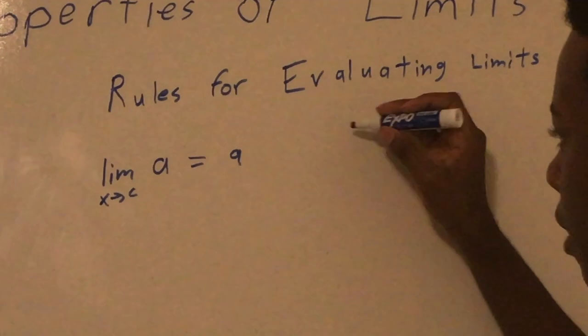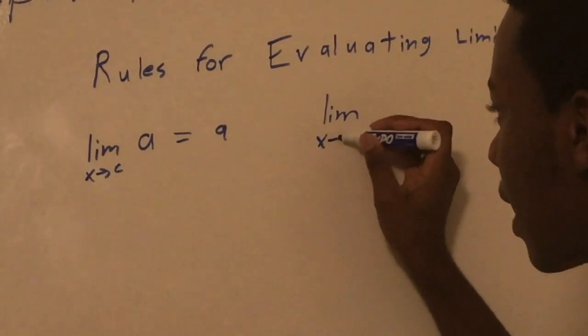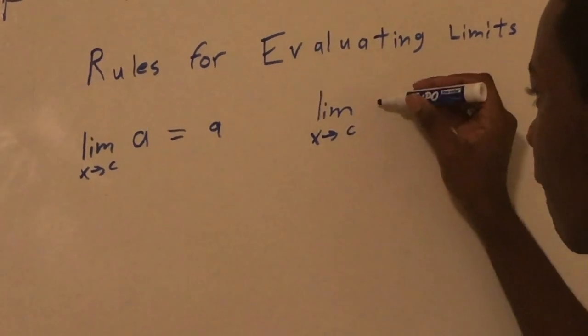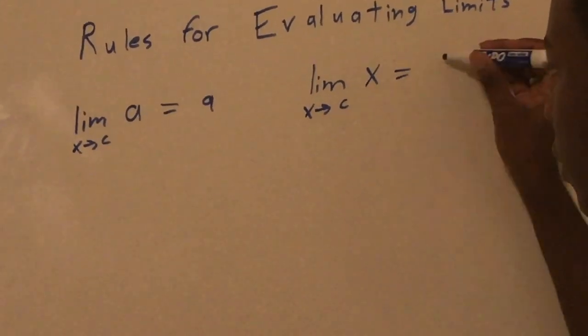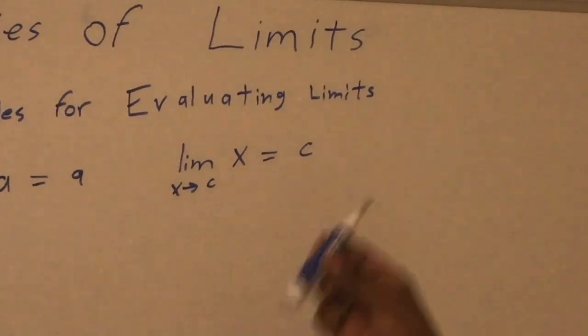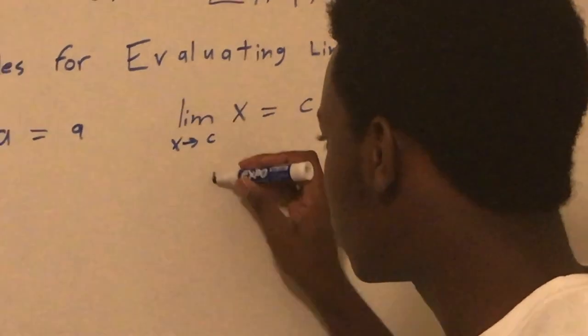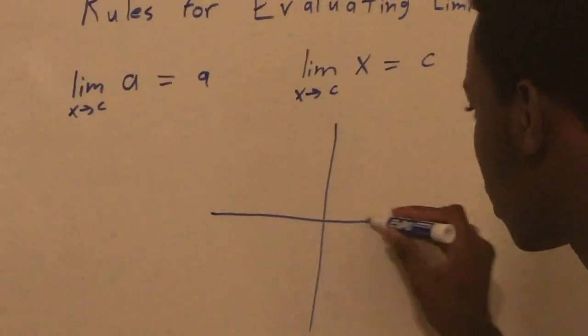And then another one would be the identity function. The limit as x approaches c of x is just c. Because again, this would just be a diagonal line with a slope of 1. Or just to sketch it really quickly.